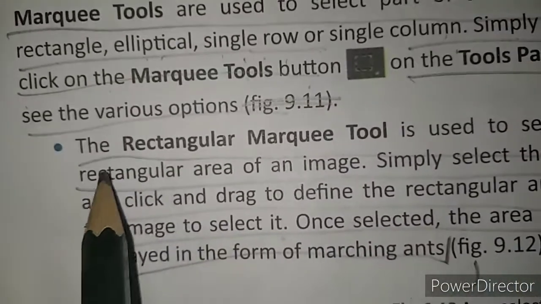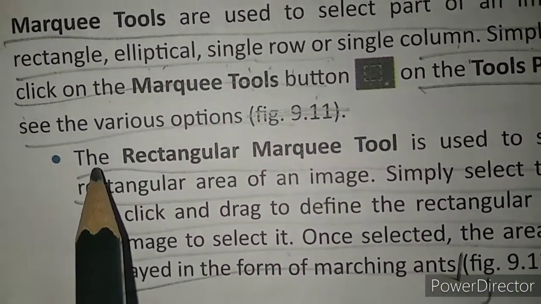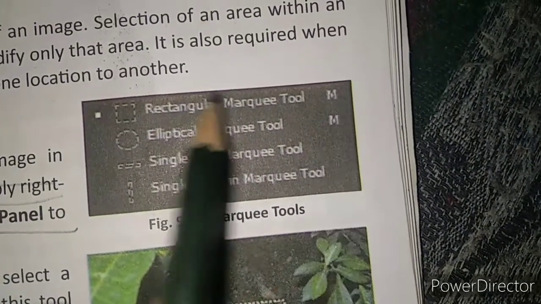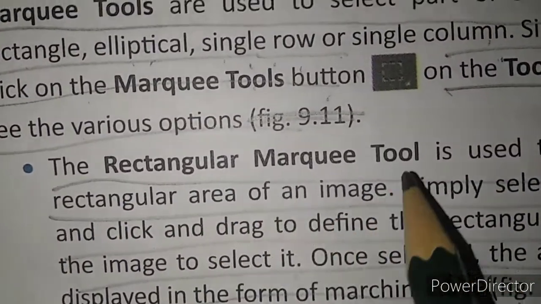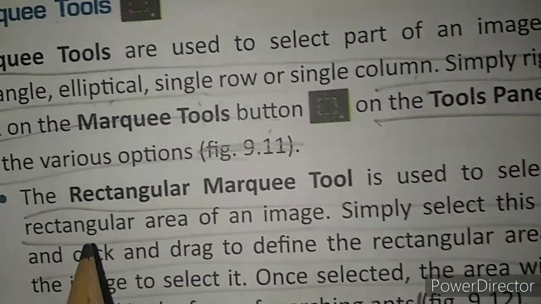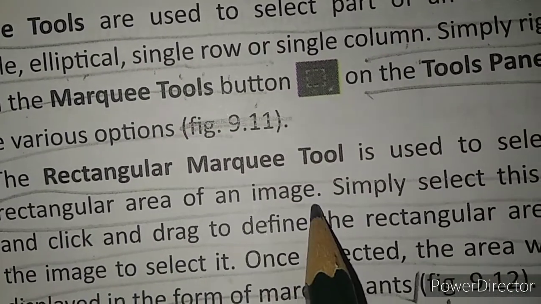Now, there are 4 types of marquee tool available. We will discuss one by one. The rectangular marquee tool is used to select a rectangular area of the image.